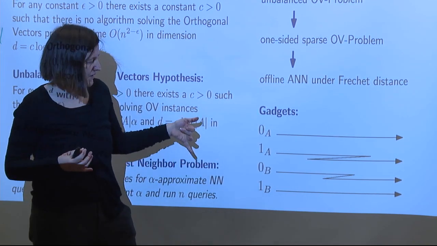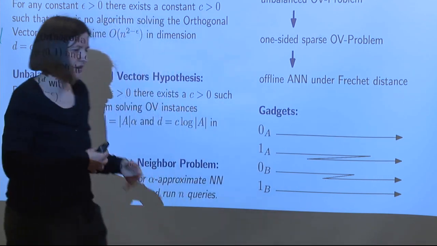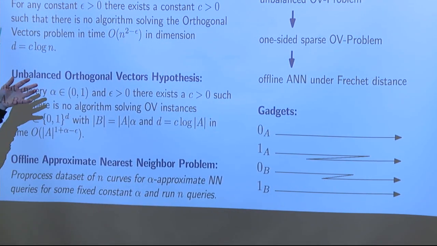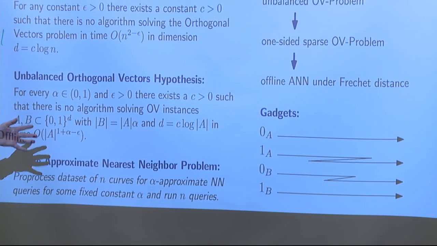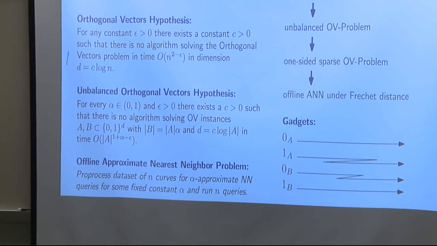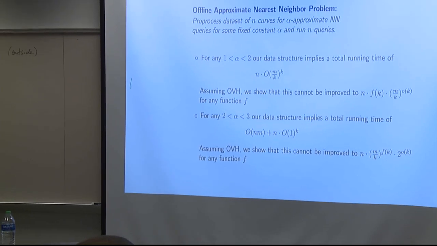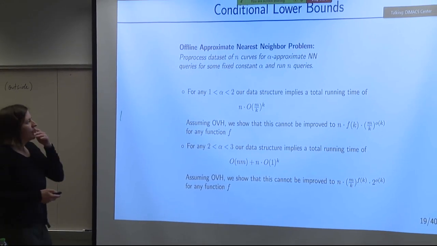Now you just generate these vectors and put them in your data structure, and if there's a near neighbor, then there are two vectors that are orthogonal. It's really not more than that. And we get these bounds that show tightness.